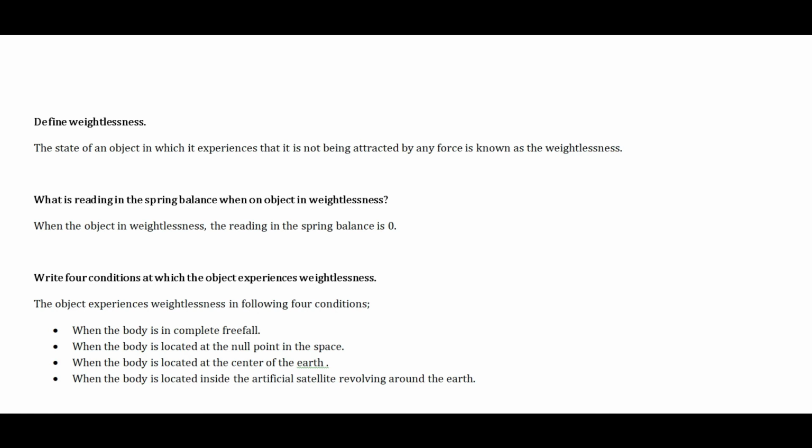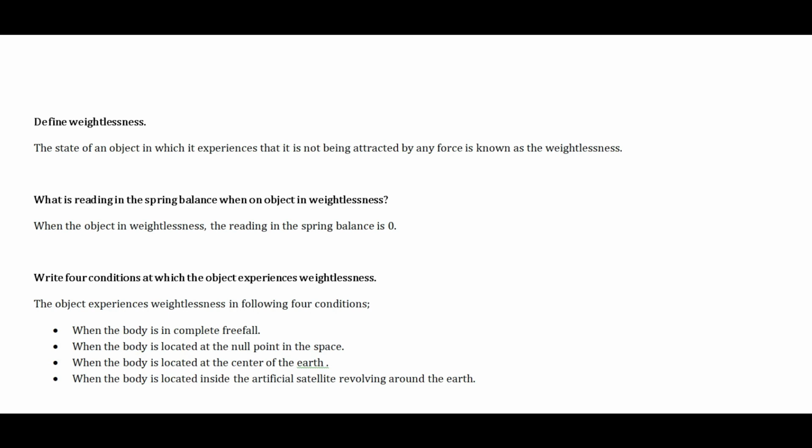That means when the object is falling down only under the effect of gravity in the complete absence of air resistance, that kind of falling is called free fall. When the object is in complete free fall, it will fall down with the acceleration due to gravity, and in that condition the object will experience weightlessness, and the object will have no weight at all.